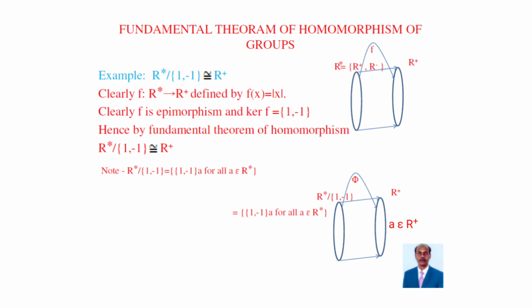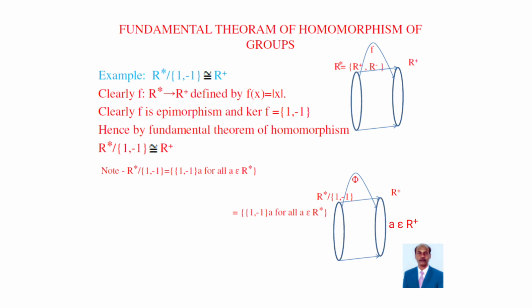R star contains both positive and negative real numbers except 0. In the domain set we can consider only the positive real numbers. According to the definition, f from R star to R plus is defined by f of x equals mod x.